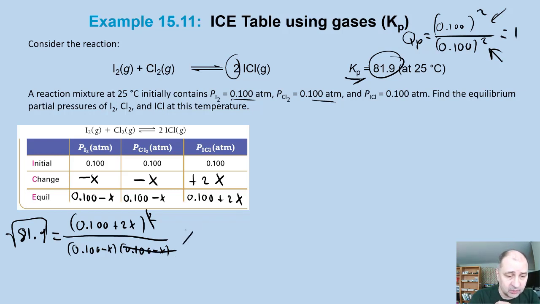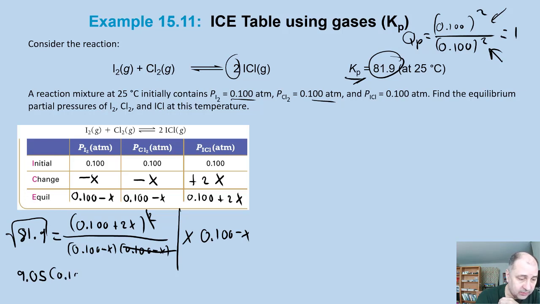I will multiply both sides by 0.100 minus x to bring this over to the left. That's the first thing I'm going to do. I'm also going to go ahead and take the square root out of 81, which is 9.05, so it's 9.05 times 0.100, and then minus 9.05 times x.